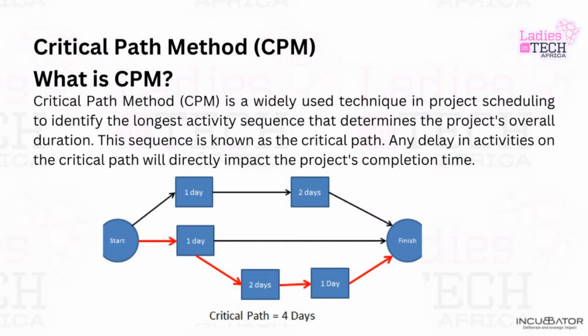I also showed the node graph of CPM. We are already acquainted with the Gantt chart, so I felt the node chart would be easier and more relatable for you to understand the flow of a project in CPM.